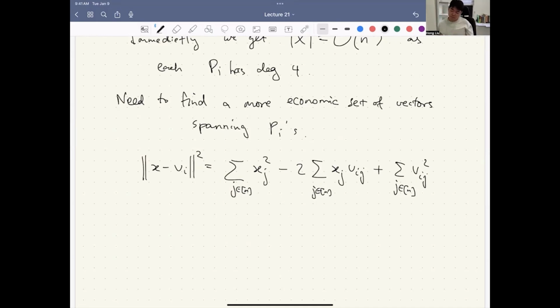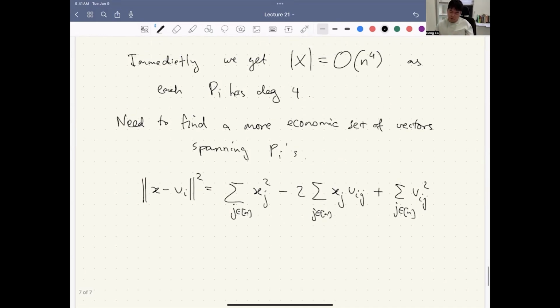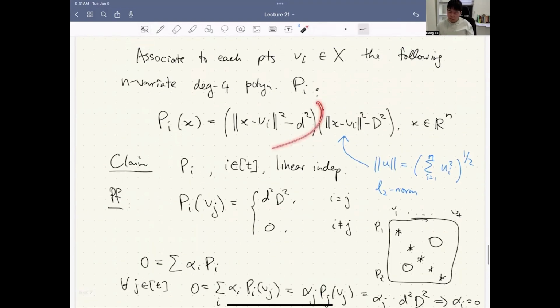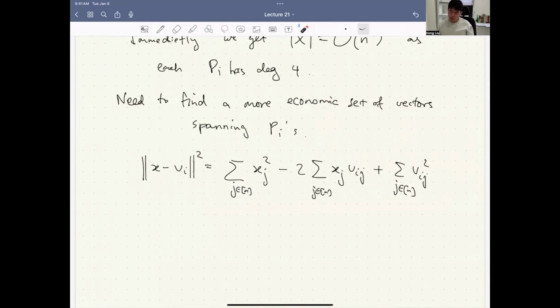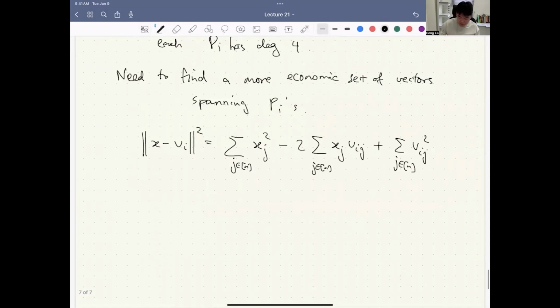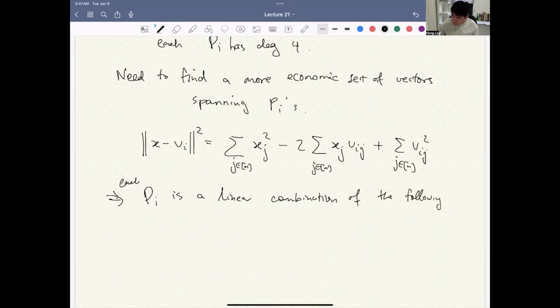So you see, even though this is degree 4, the two factors look almost the same, and this sort of polynomial can be spanned by the following. This implies that P_i is a linear combination of the following polynomials.